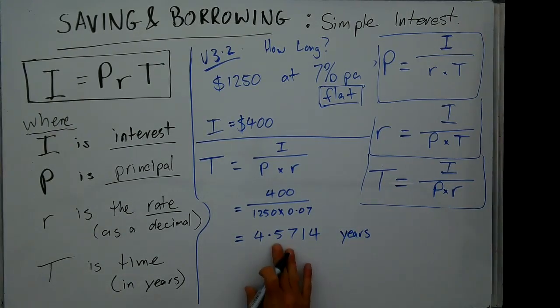Because we don't really talk in 0.57 of a year, this is whole years and this is a proportion of a year.